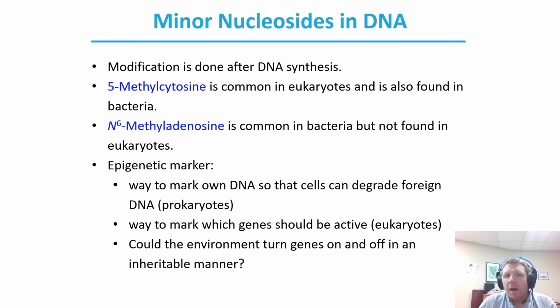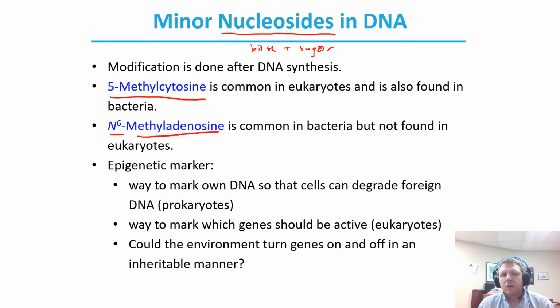Now, minor nucleosides, keep in mind, that's a base plus sugar, in DNA can result from modification after DNA synthesis. One example is 5-methylcytosine, which is common in eukaryotes and found in bacteria as well.